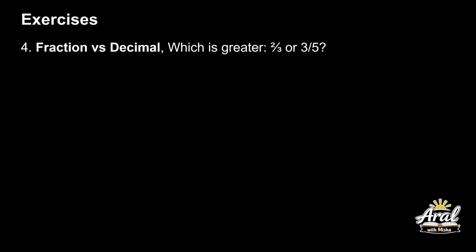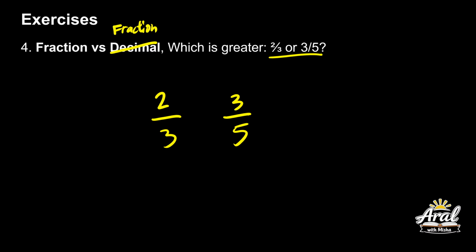Okay. Fraction versus decimal. Actually, this is fraction versus fraction. Both of them are fraction. Which is greater? So, yung kanina method, 2/3 or 3/5. Yung method, crisscross, this goes 10. 3 times 2, 3 times 3, that's 9.